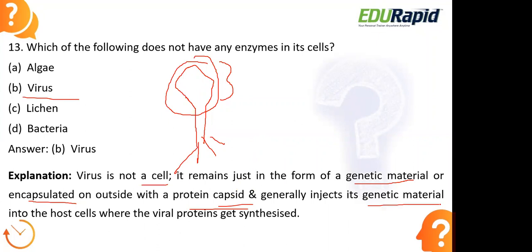Once the virus reaches the host cell, whether plants, animals or even human beings, it can inject all the genetic material so that it can transform the genetic material of the host body. Moving to the next question now.